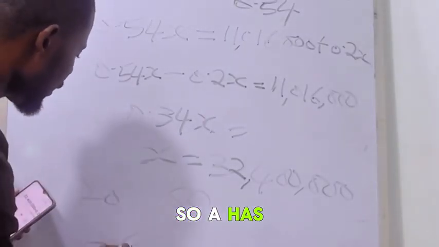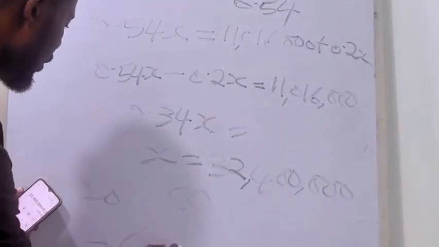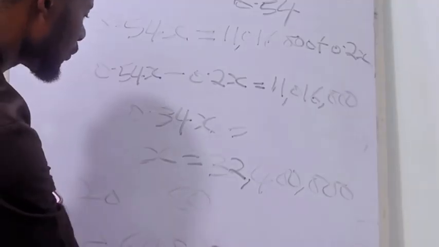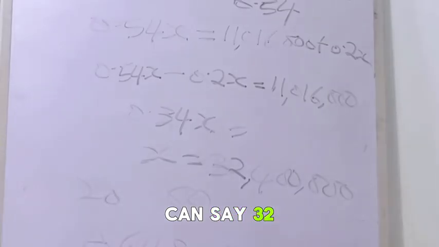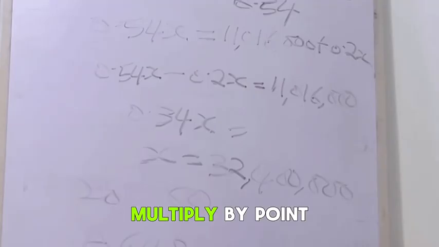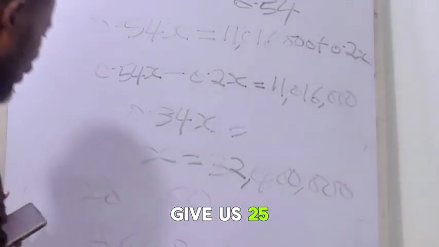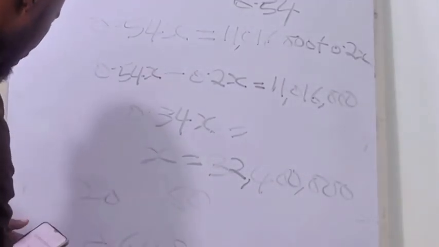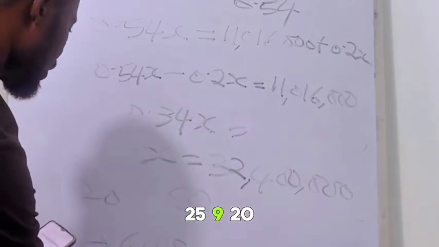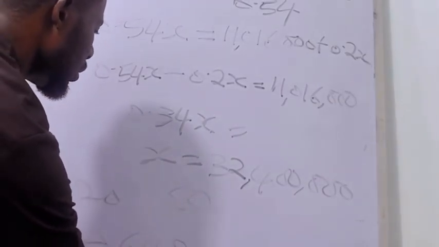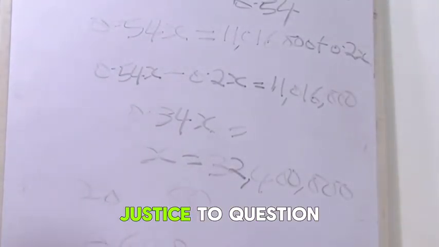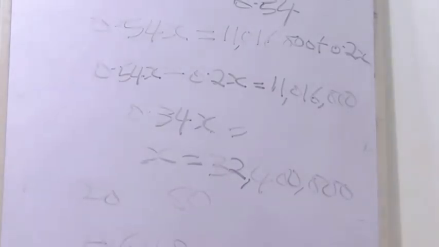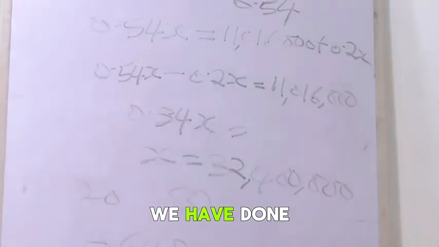So A has 6,480. And then for B, you can say 32,400 multiplied by 0.8, which will give us 25,920. So all in naira. So this is our answer. We have done justice to question 2, that's the B part of the question. We have done justice to it.